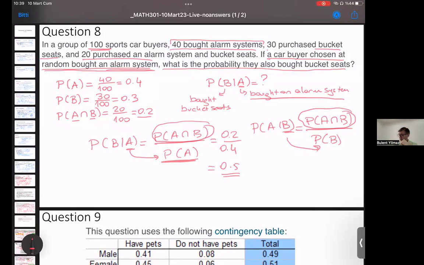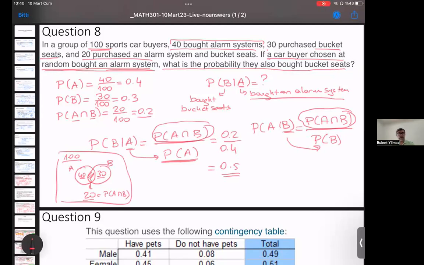So there are 40 people like that, 30 people like that, and 20 people are in between. It was like 40, 30, and totally there are 100 people. So you add these up, 40 plus 30, 70 minus 20, 50. If I know that they bought an alarm system, this is alarm, this is bucket, this is alarm and bucket.